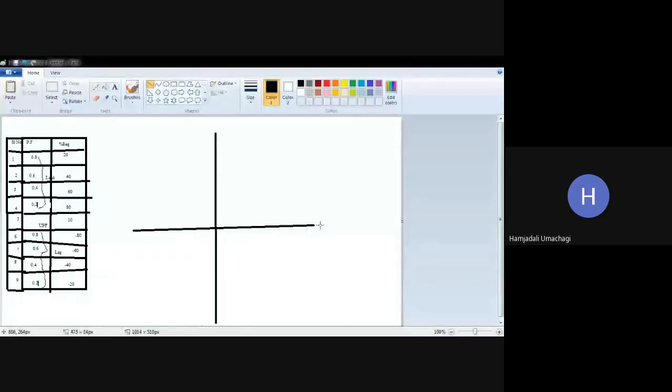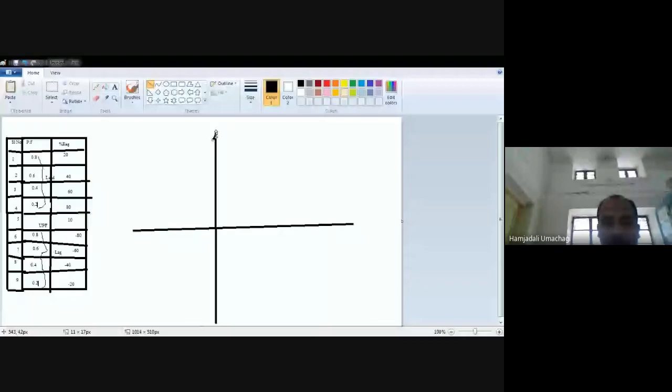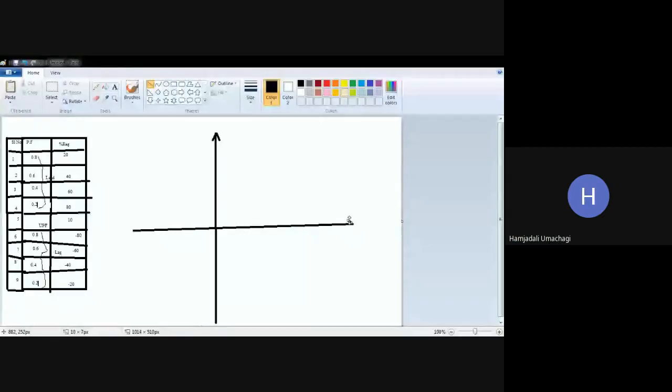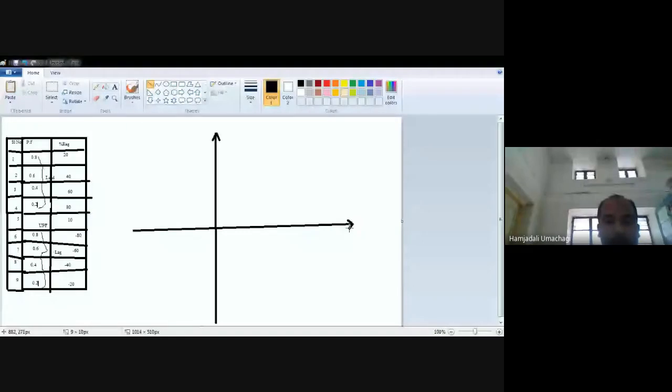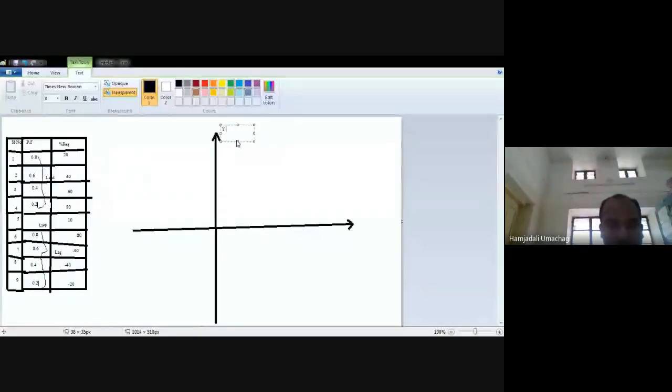So this will be my y-axis, and this the x-axis. Can you see these values, all of you?